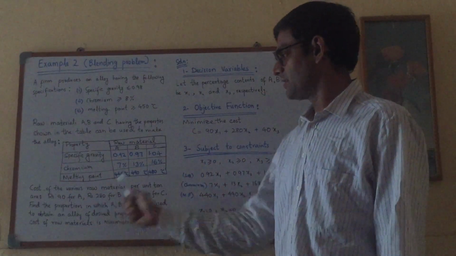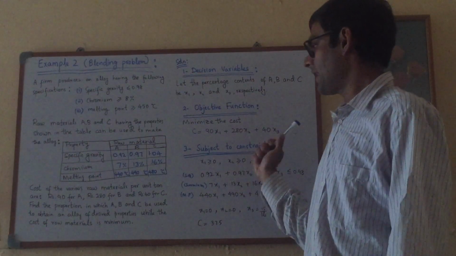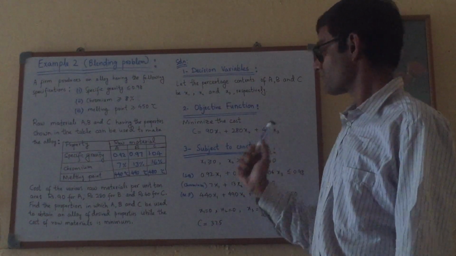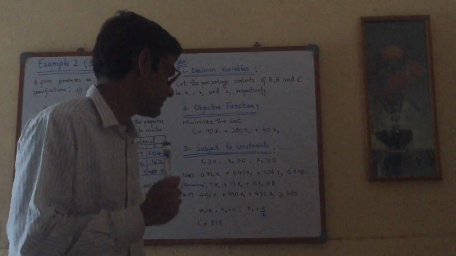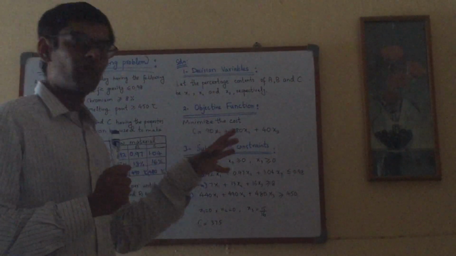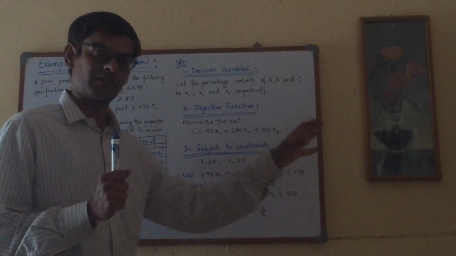Similarly, 280 times x2 plus 40 times of x3. So subject to constraints would be like, our decision values should be positive. x1, x2, x3 greater than or equal to 0.